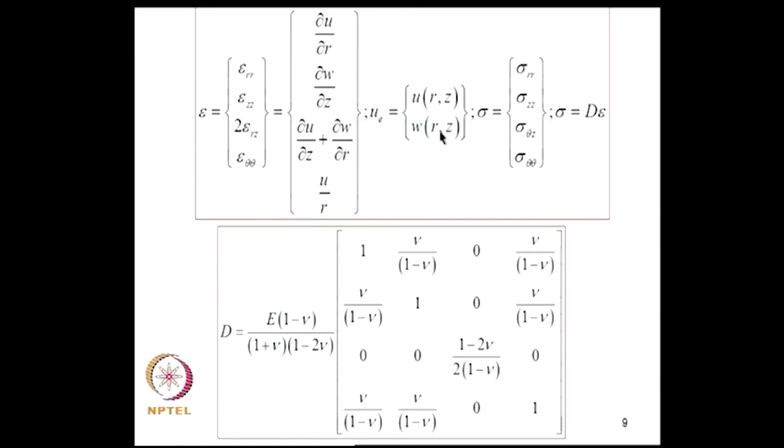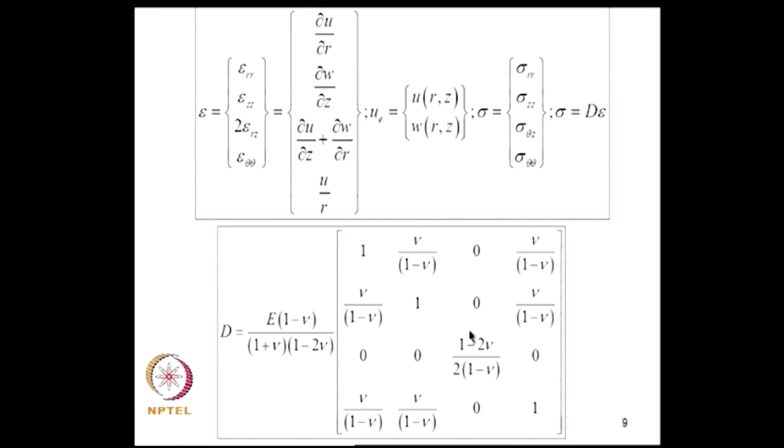I am not showing t explicitly, it can be introduced subsequently, t is the time. Right now I am not doing that. Stress will be these 4 stress components. So, we have 4 strain components related to displacement, 2 unknown displacement components, and 4 stress components which are related to strain through this, and using this relation they in turn get related to displacements.